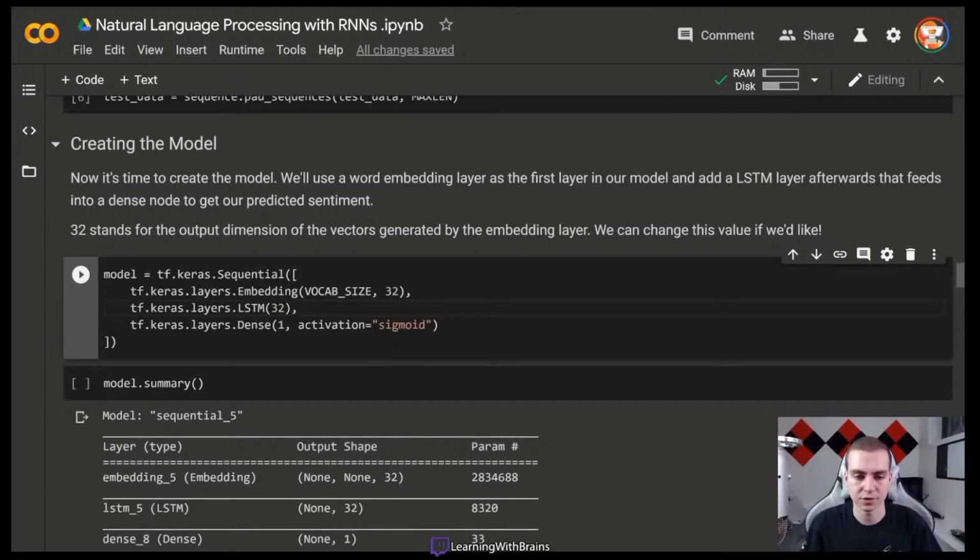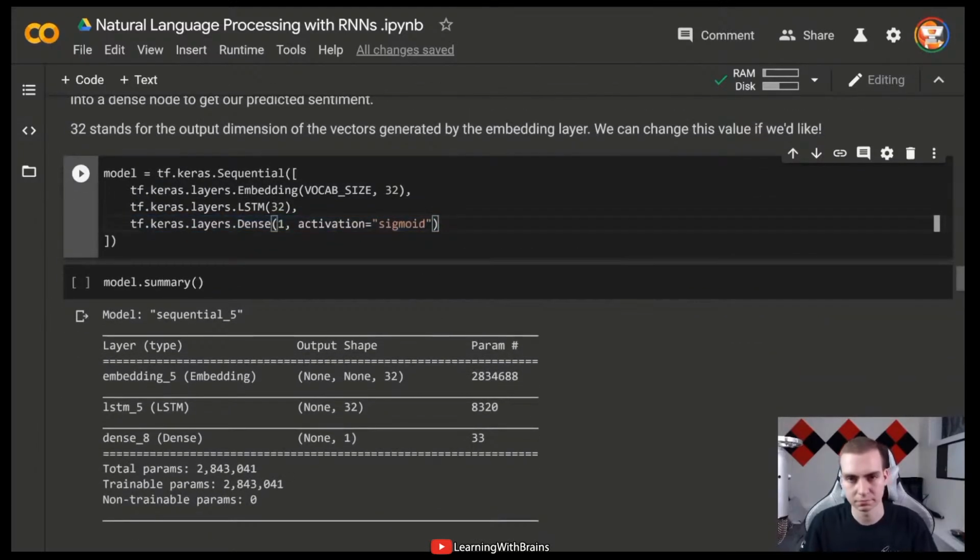So it's going to create those vectors for us, and this 32 is denoting the fact that we're going to make the output of every single one of our embeddings or vectors 32 dimensions, which means that when we pass them to the LSTM layer, we need to tell it it's going to have 32 dimensions for every single word, which is what we're doing. And this will implement that long short-term memory process we talked about before and output the final output to tf.keras.layers.Dense, which will make the prediction. So that's what this model is.